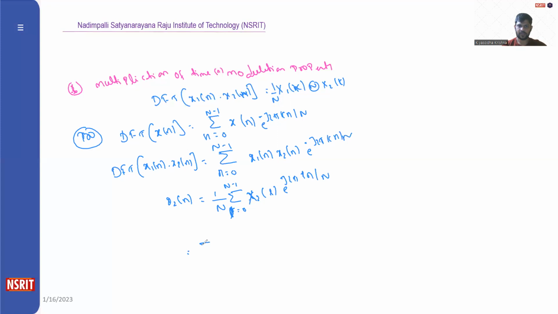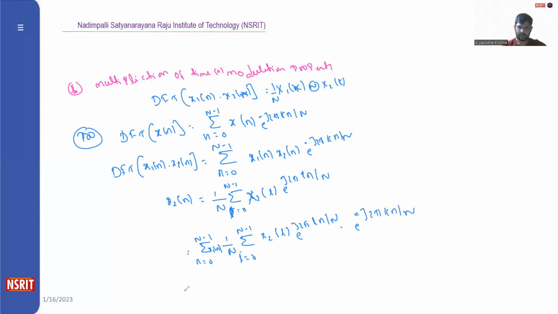Now replace that: summation n equal to 0 to n minus 1, 1 by n summation, where we know x1 of n, L equal to 0 to n minus 1 x2 of L e to the power of j 2 pi L n by n, and again the remaining term e to the power of minus j 2 pi k n by n.